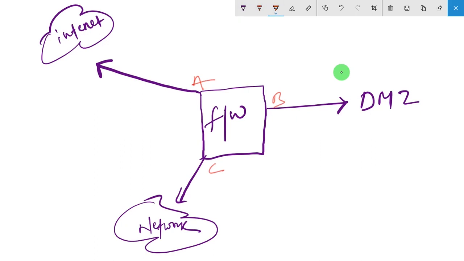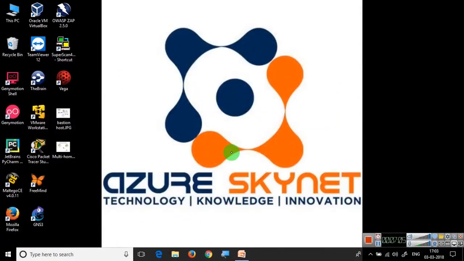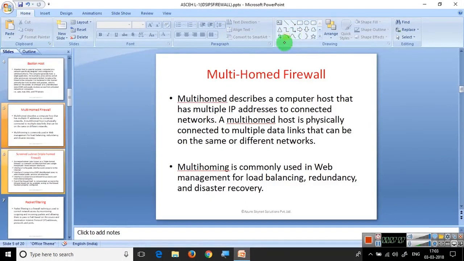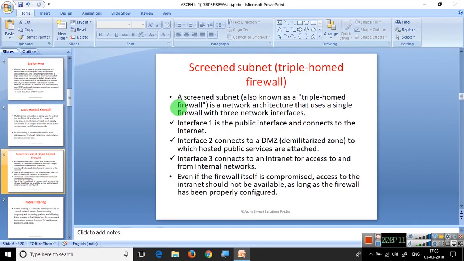If a hacker is able to compromise one interface, he still doesn't have access to the other interfaces, or vice versa. That's the beauty of using this multi-homed, or triple homed, firewall.